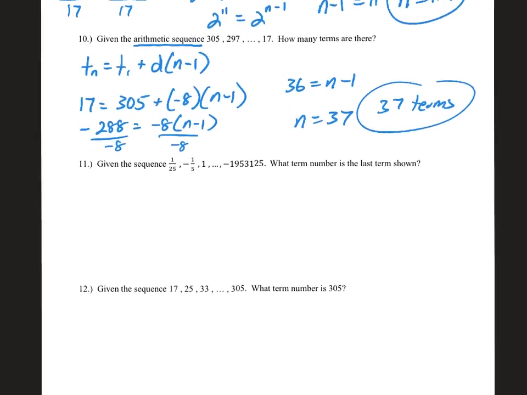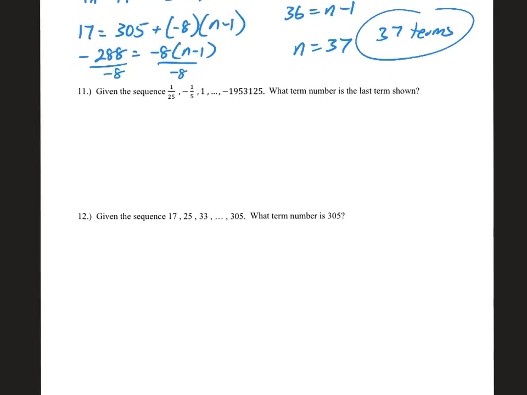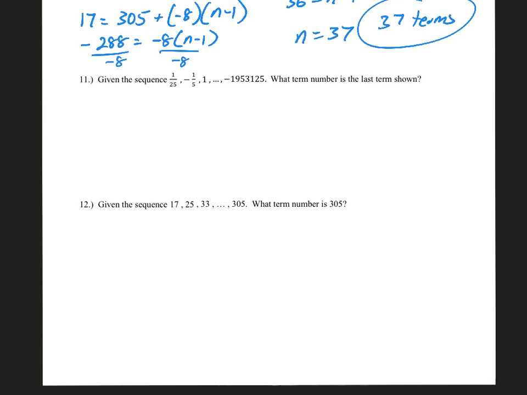All right, let's do 11 together, and then I'll let you guys do 12, and then the lesson will be over. So in number 11, they don't tell us whether or not it's a geometric or arithmetic sequence, but you should be able to tell pretty quickly that it is geometric. Why is it geometric?